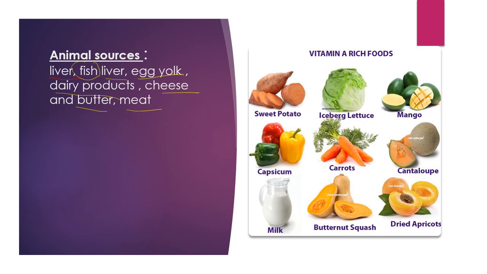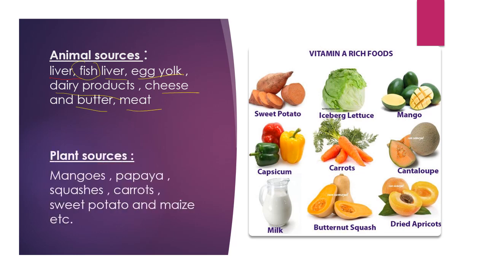Now move to the plant sources: mangoes, papaya, squashes, carrots, sweet potato, maize, etc. These are the plant sources of vitamin A.